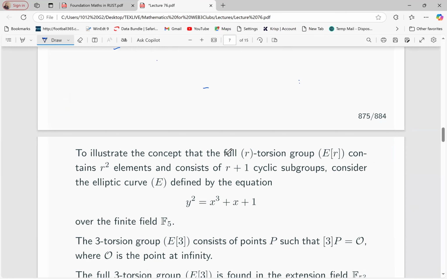Now, so we talked about the R torsion. So what is full R torsion?